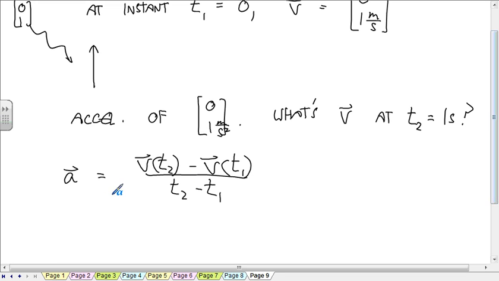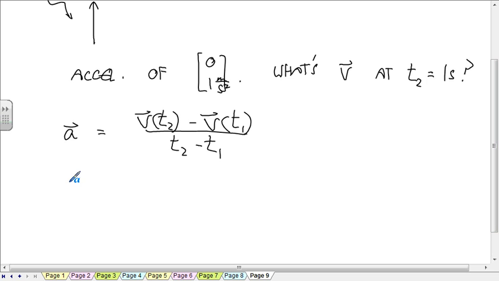So here's how this calculation works. The acceleration is 0, 1. The velocity at time t2 is what we're trying to calculate. t2 minus t1 is 1, so that just cancels out of everything. The initial velocity is 0, 1.